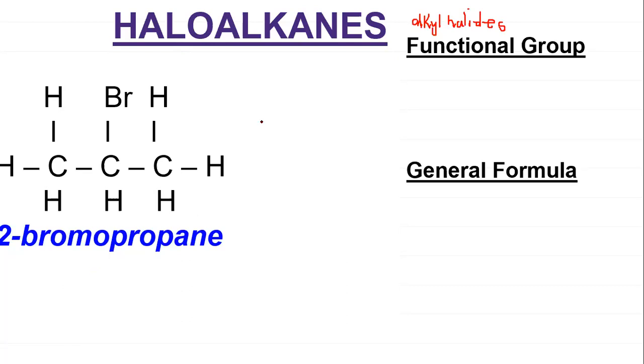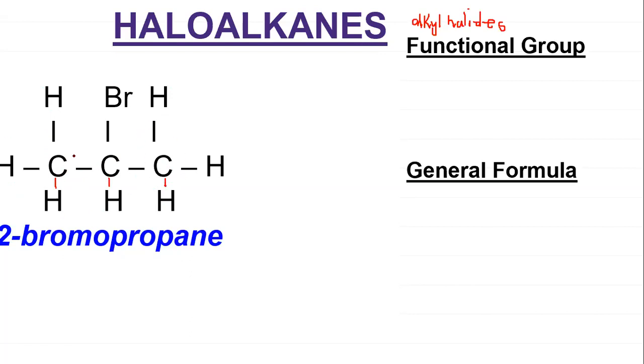Now, when you look at this molecule, it is actually an alkane. Actually there's a bond there and there's a bond there. Right, this molecule is actually a haloalkane, because when you look at it, you can see you are getting those single bonds between carbon and carbon atoms and the hydrogens.